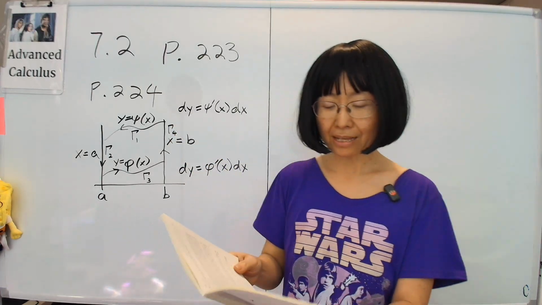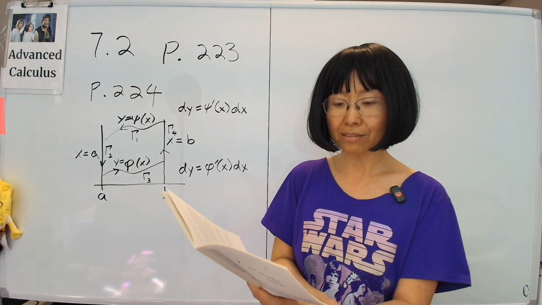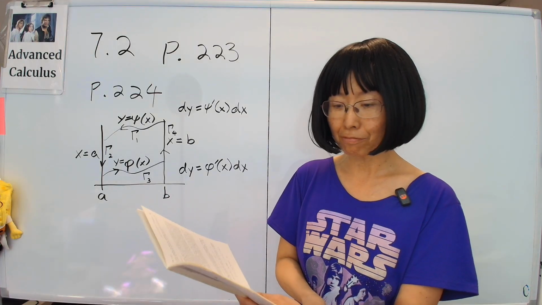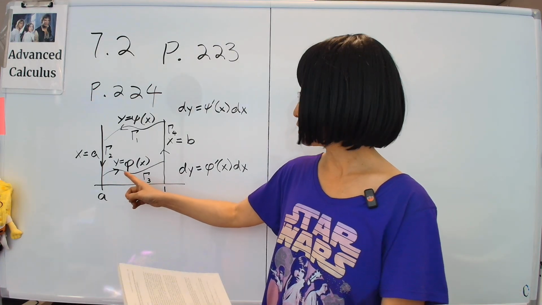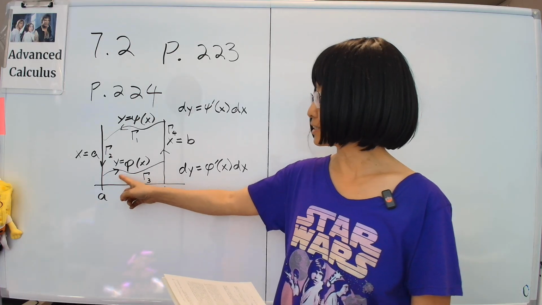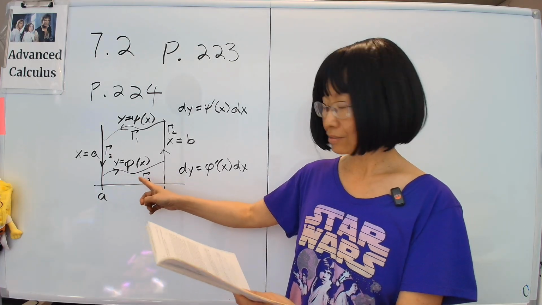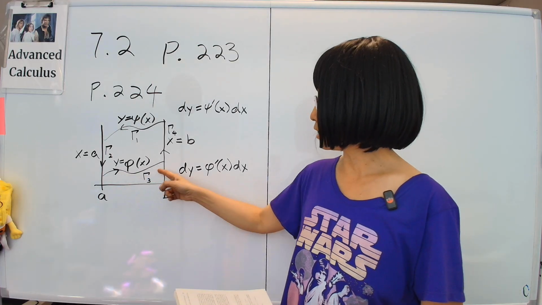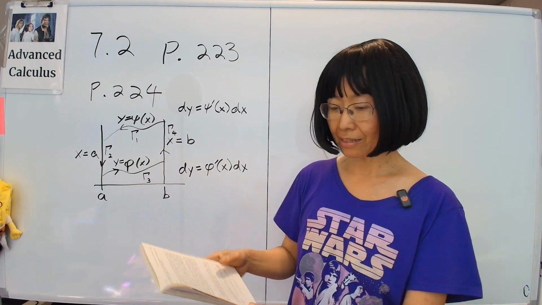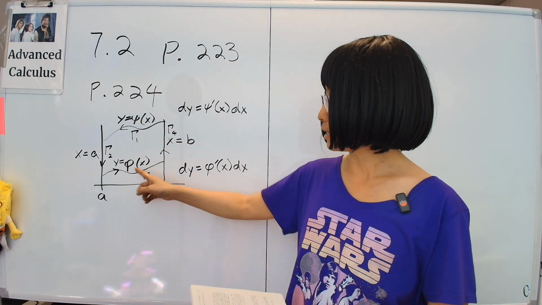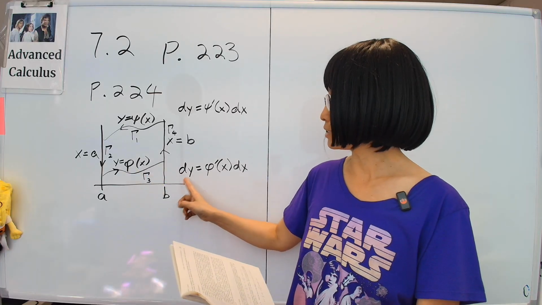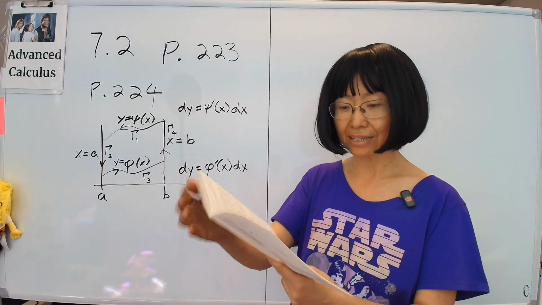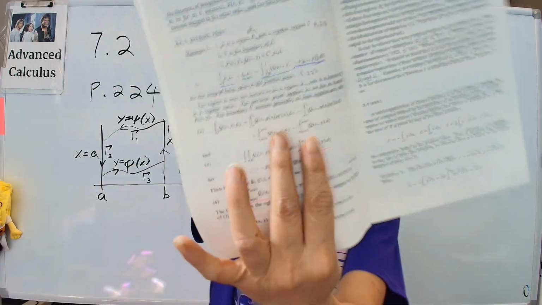Now knowing that, we can calculate the integral of Q(x,y) dy, starting, your book starts here, but it doesn't matter how it starts. We go all the way around, and in this case we plug in y equals phi of x, which means dy equals phi prime dx, and that's how we get the first one.